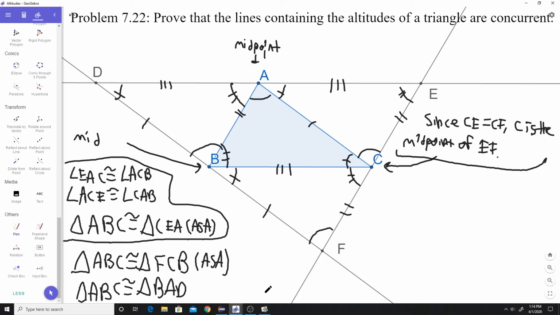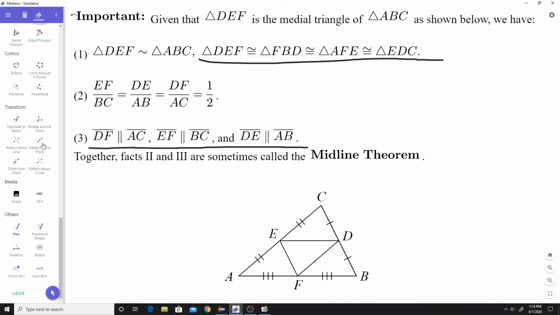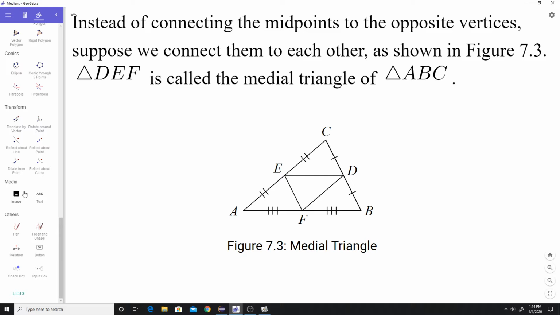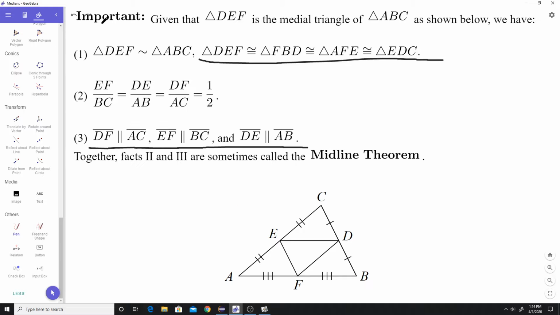So all that is implying that by definition, ABC has to be the medial triangle, because we are connecting the midpoints to the opposite vertices of the... No, we are not doing that.